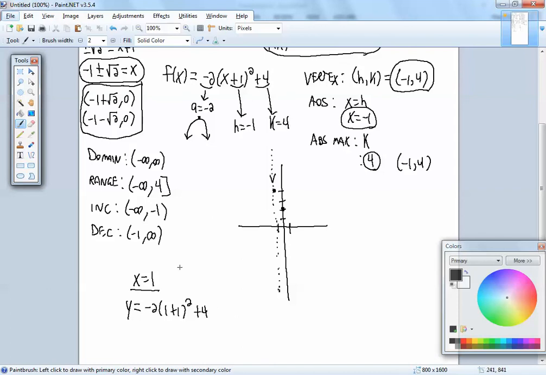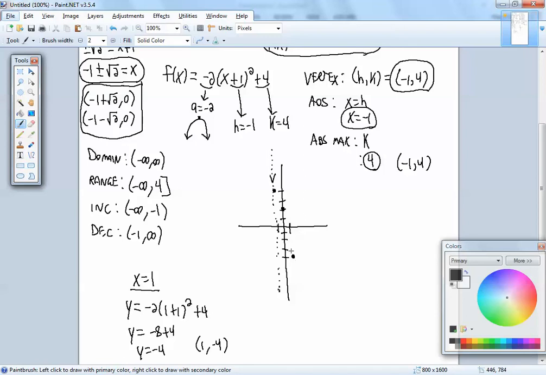So again, I plugged the x equals 1 back in my original problem. 1 plus 1 is 2. 2 squared is 4 times -2 is -8 plus 4. And you get y is equal to -4. So the point would be 1, -4. So 1, -4 would be right there.